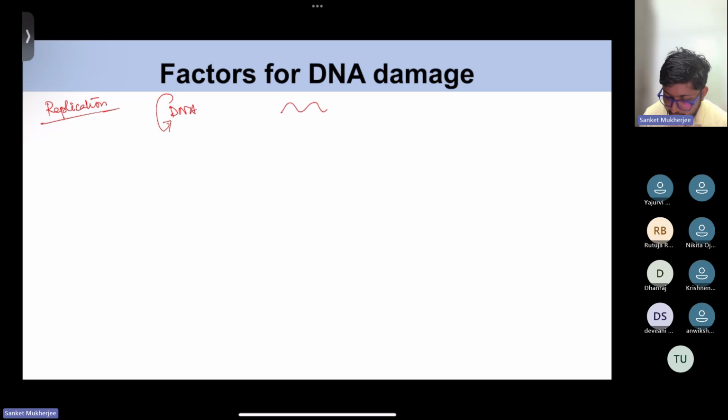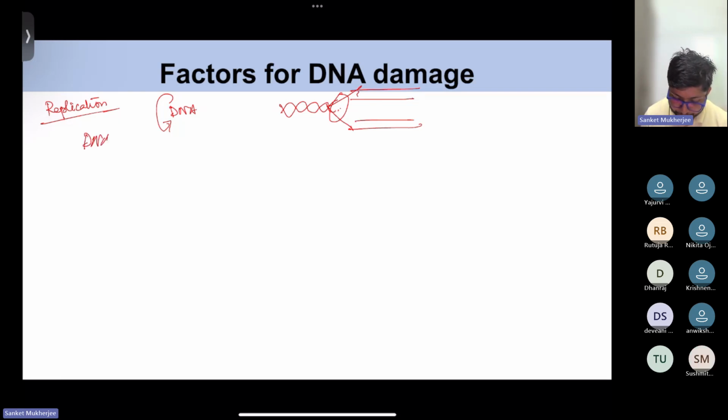If this is the DNA, let's say, this is the replication fork at the end of the DNA. It opens, and there is an enzyme which polymerizes these two strands. If these are two strands, then new daughter strands are produced using an enzyme called DNA polymerase.